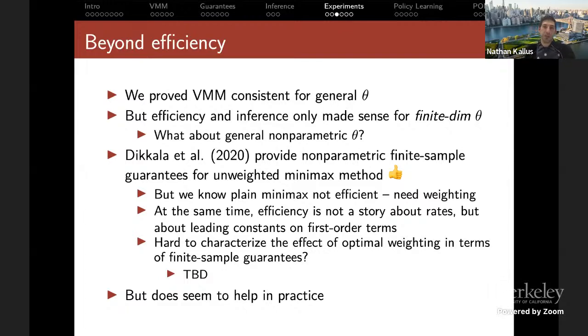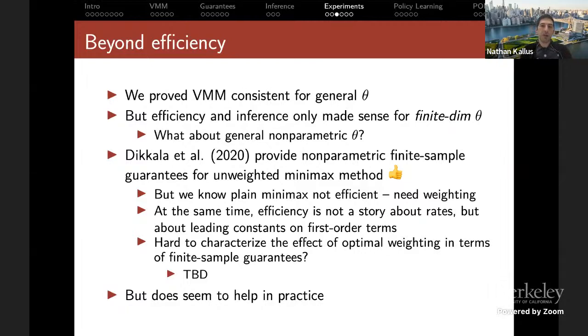So what about general non-parametric theta, right? This recent paper by Dikal et al., that Vasilis, I think, is going to tell us about later this week, provided some really nice non-parametric finite sample guarantees. They take this unweighted minimax method, and they show, in terms of the non-parametric complexity of big theta and of script f, finite sample guarantees.